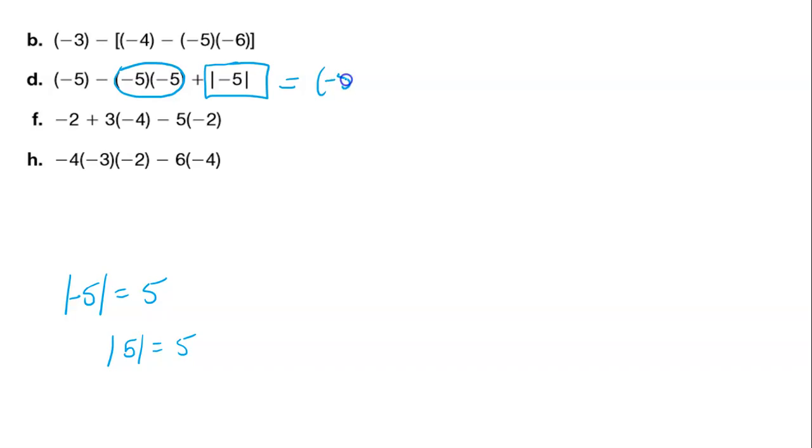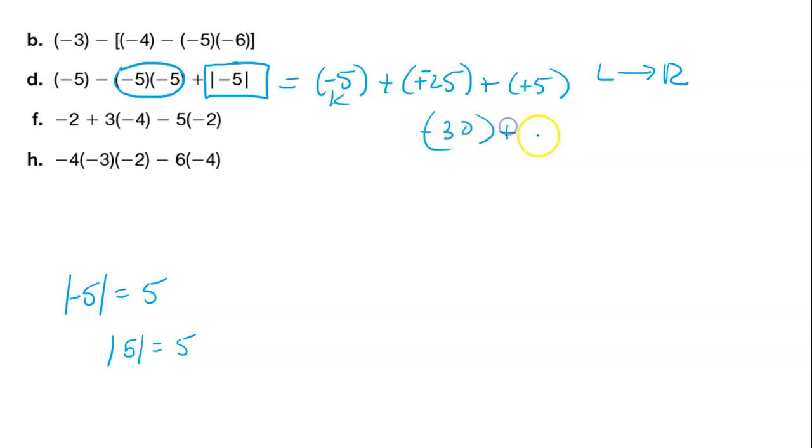The negative 5 is going to hang out, and the subtraction sign is going to hang out. Negative 5 times negative 5 is positive 25, plus the absolute value of negative 5 is positive 5. Now we can go from left to right. I have a subtraction problem, so I'm going to keep, change, change. Negative 5 plus a negative 25 is negative 30, plus positive 5 is negative 25.